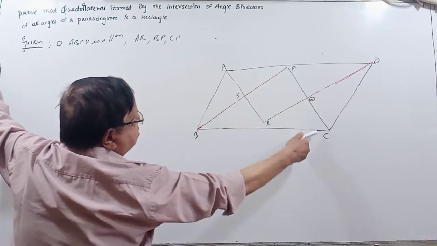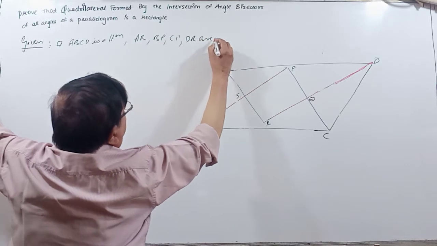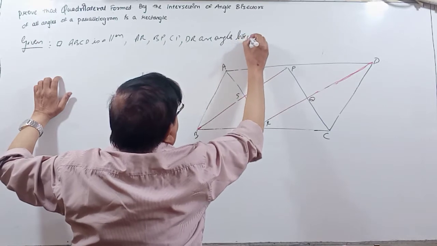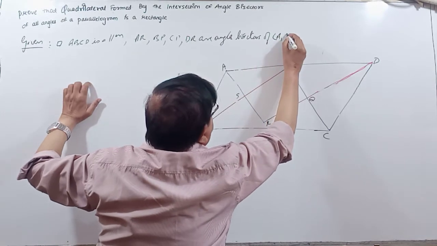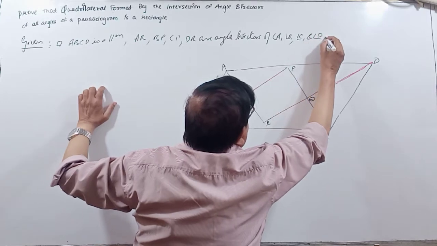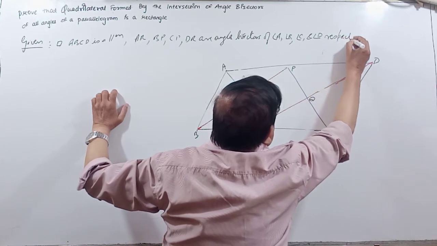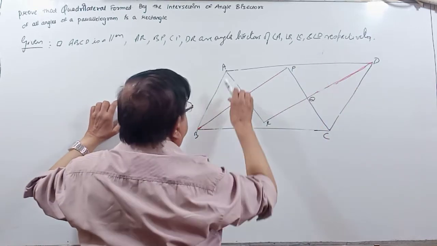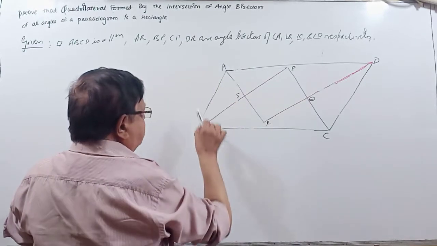AR, BP, CP and DR are angle bisectors of angle A, angle B, angle C and angle D respectively. This and this are angle bisectors of angles A, B, C and D.